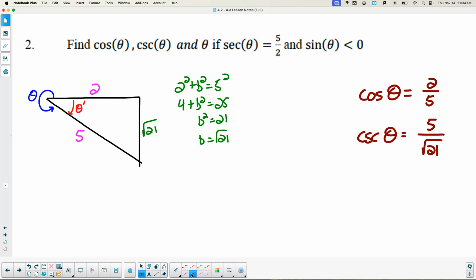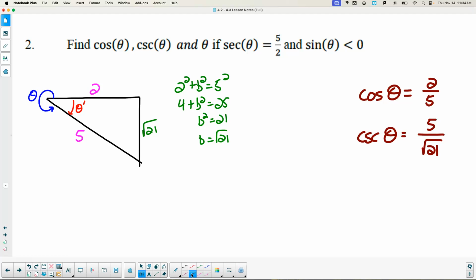Because the sine of theta is square root of 21 over 5, so the cosecant should be 5 over the square root of 21.